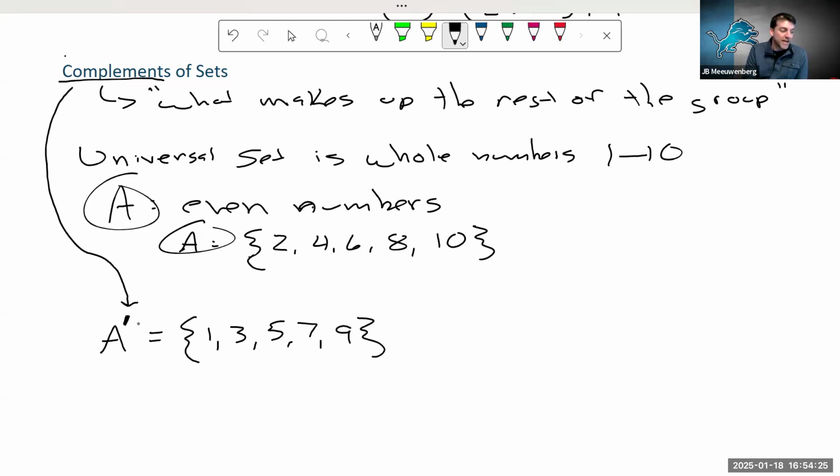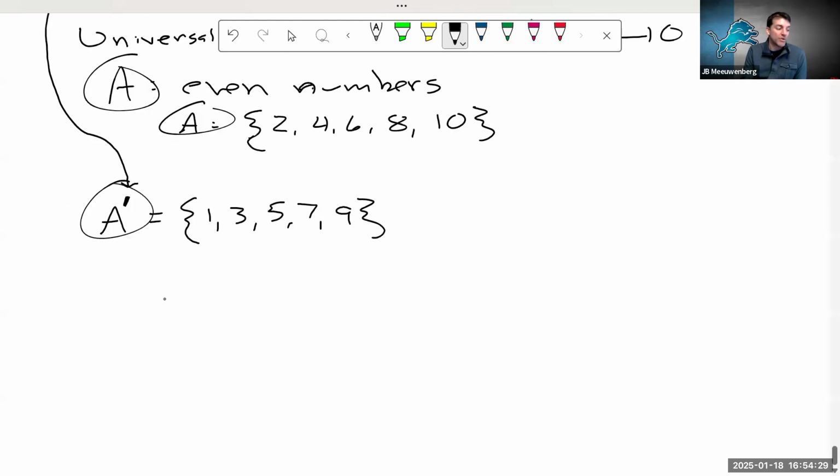So we have A, and we have the complement of A. And if you take a set and its complement and look at the union of those two things, it's the universal set. So any set and its complement together make the universal set, okay?